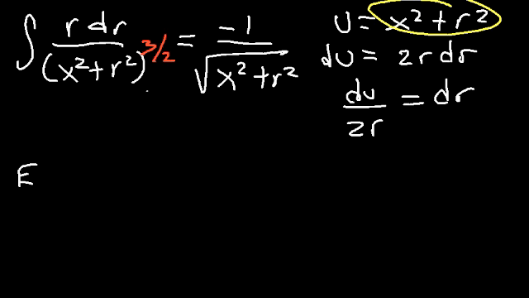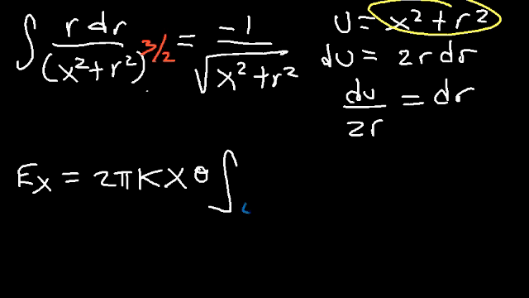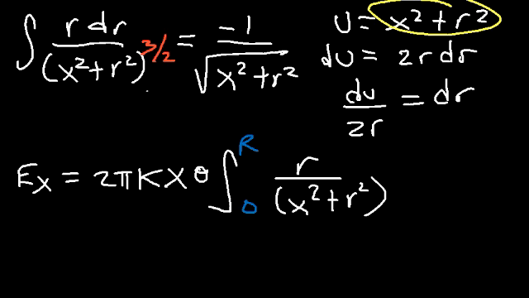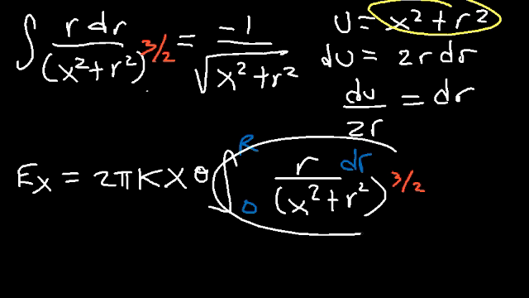Ex, which we said was equal to 2 pi k times x times sigma, integral from 0 to r of r divided by x squared plus r squared raised to the 3/2 dr. So this portion is equal to this expression evaluated from 0 to r.